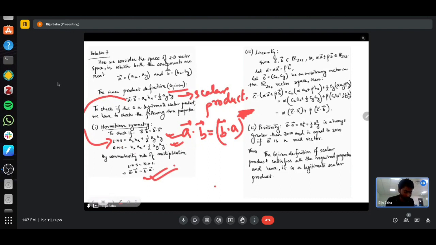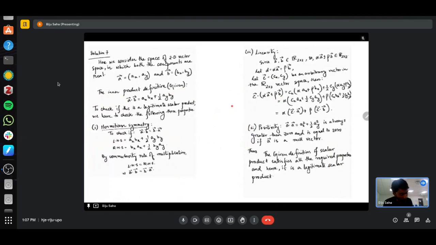Now the second condition is linearity. The linearity condition concerns the distributive law, whether any arbitrary vector distributes itself over the linear combination of vectors or not. Let us check this. We have substituted AX and BX here, from the definition of A: alpha AX plus beta BX, and this is the y component, alpha AY plus beta BY.